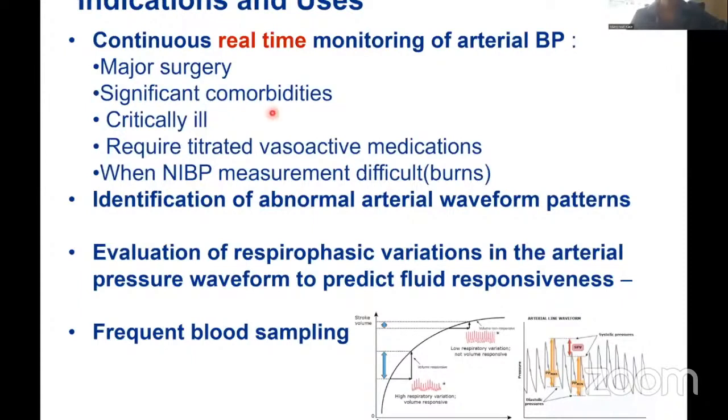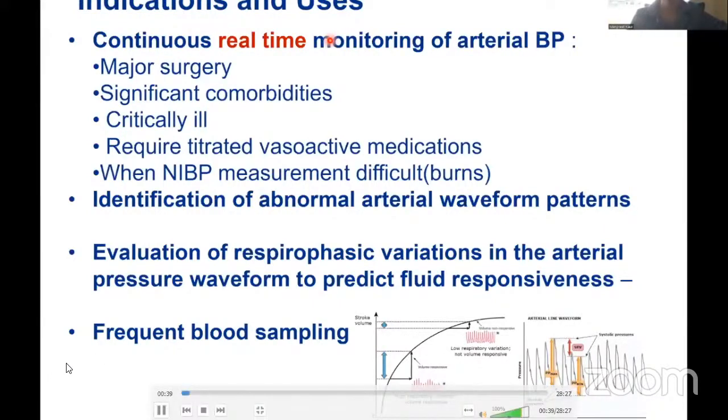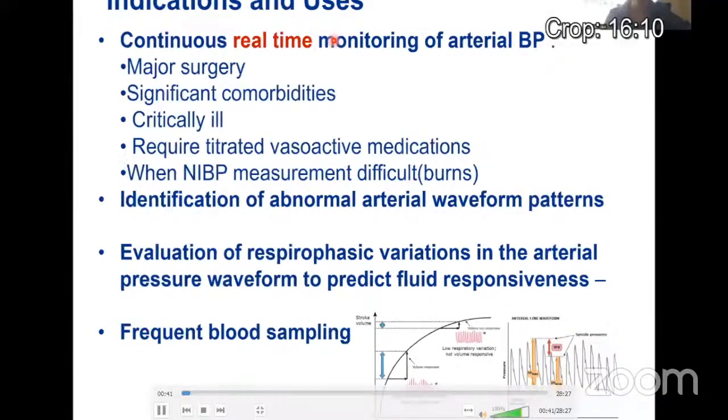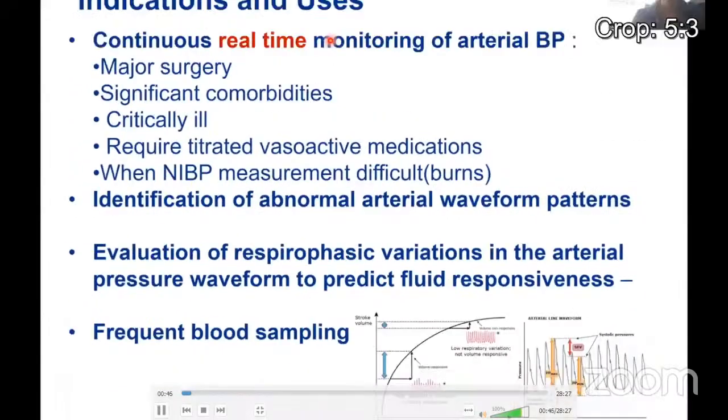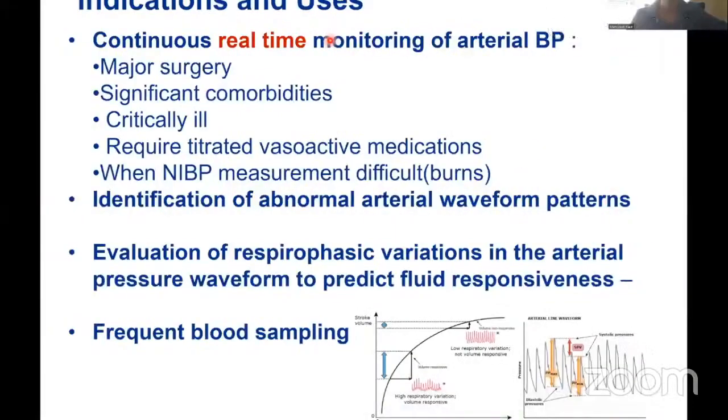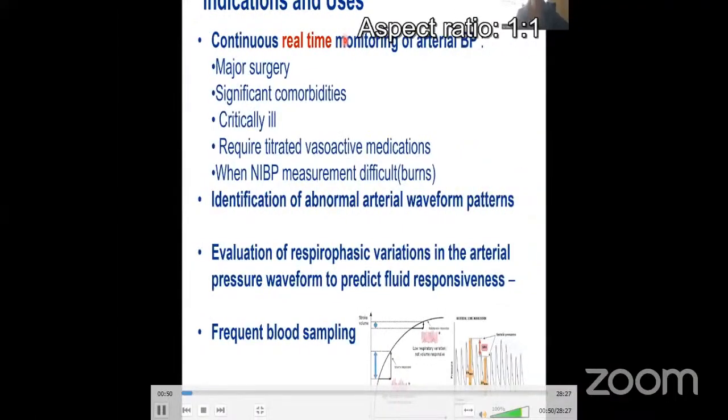It provides continuous real-time monitoring, especially in major surgeries where you would like beat-to-beat monitoring of blood pressure. It is used in patients with significant comorbidities, whether cardiovascular or respiratory, in critically ill patients who require titrated vasoactive medications, and in patients where non-invasive blood pressure measurement is difficult, like in burns cases.